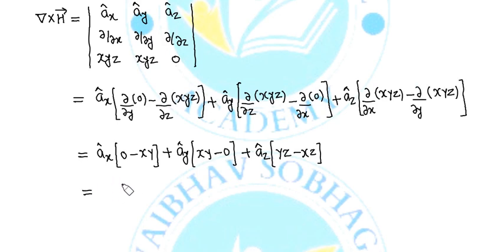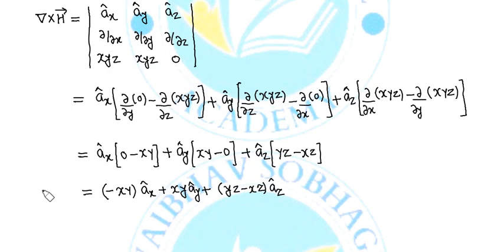So you will find that del cross H for now will be what now? Minus xy ax cap plus xy ay cap plus yz minus xz az cap.